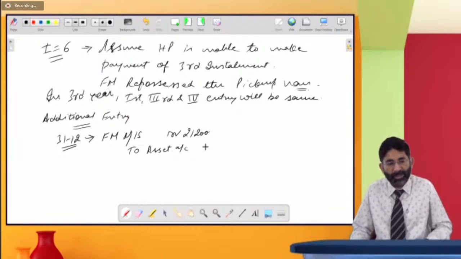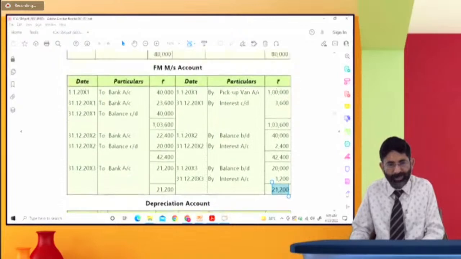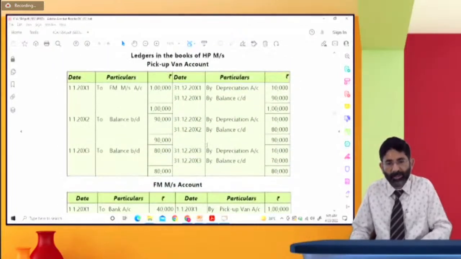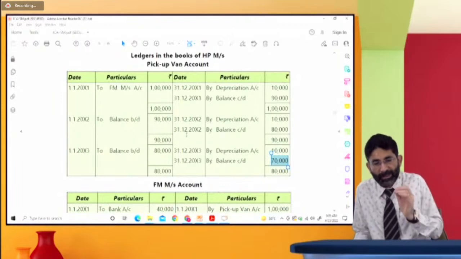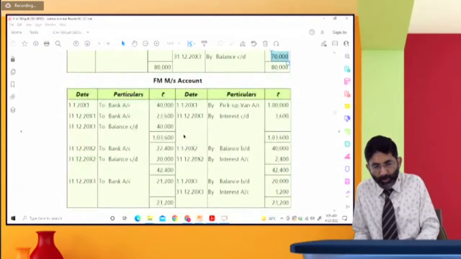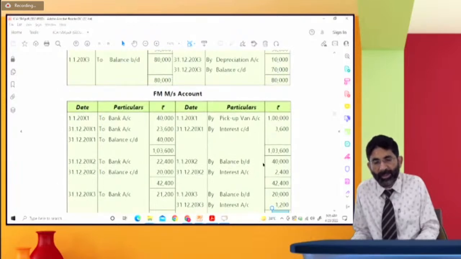Now asset will be credited with how much amount? Check it out. See, what is the balance of asset at the end of third year? At the end of third year, value of asset is 70,000. Let's understand the concept that we have only rupees 21,200 outstanding, which is payable to FM, but we are unable to make payment of it.